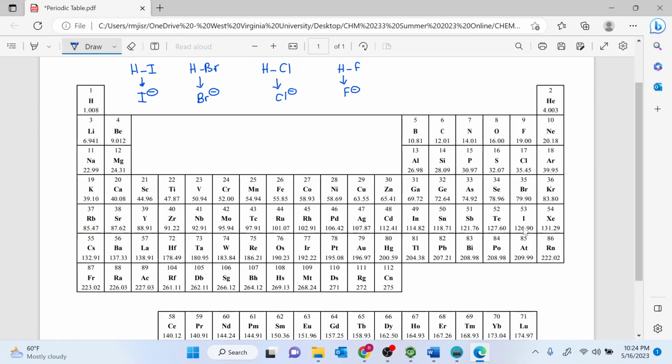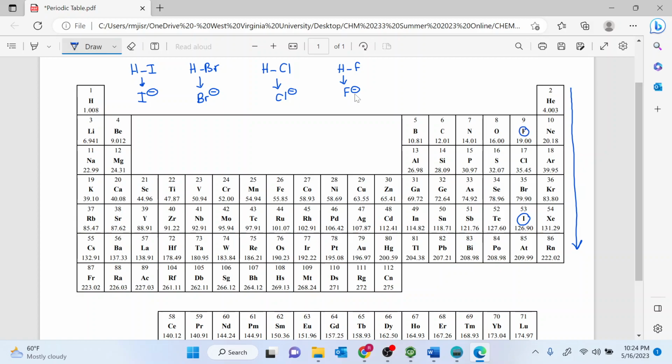Now, because I am dealing with the ions, and there are different sizes for these ions, because we know that the atomic size increases as you go down the group, I am expecting that I minus is a bigger ion than F minus.